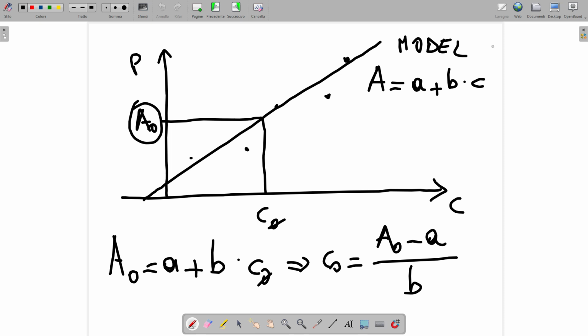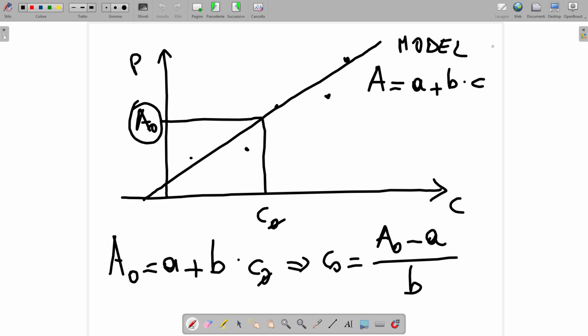So, in the example we did before, if you have 5 standards, but each of them is measured 3 times, you have 15 values of area. And in that case, A average will be the average of those 15 values of areas.